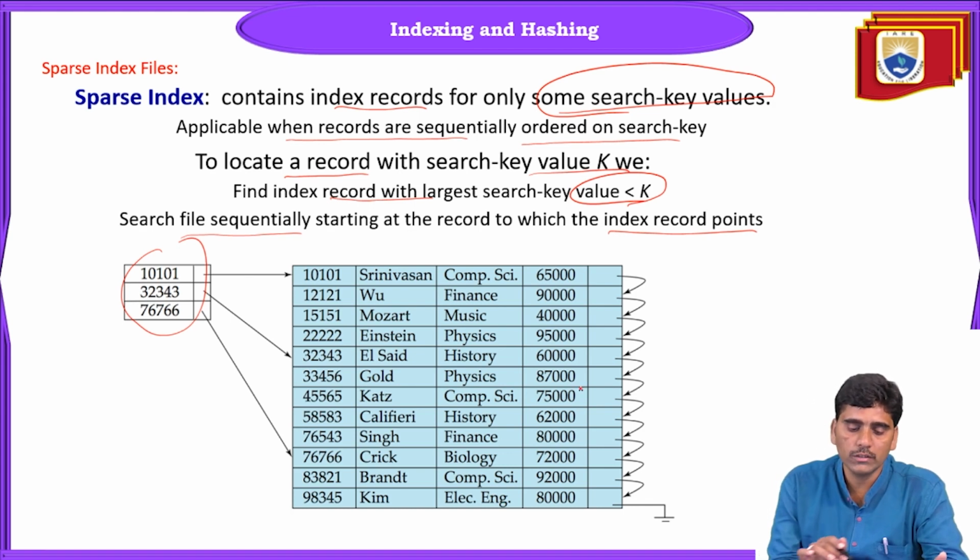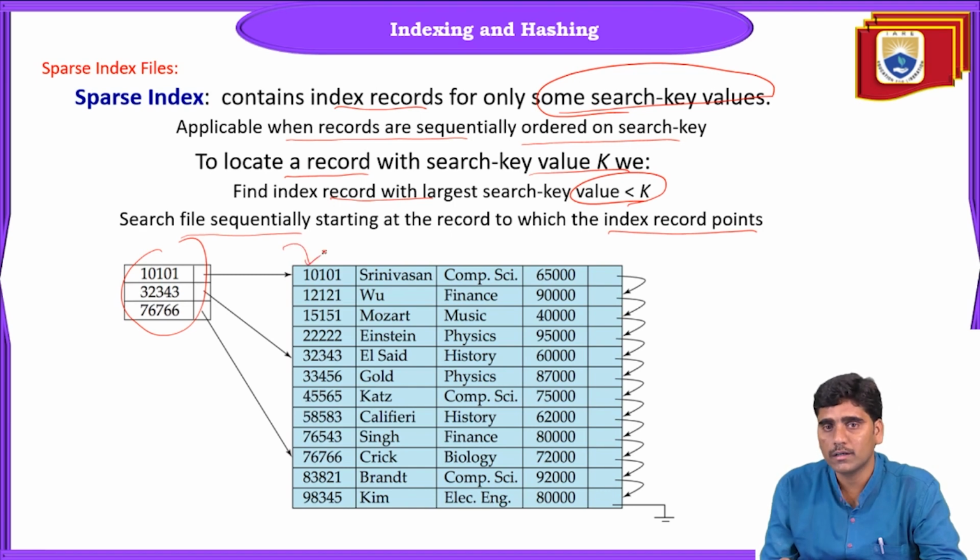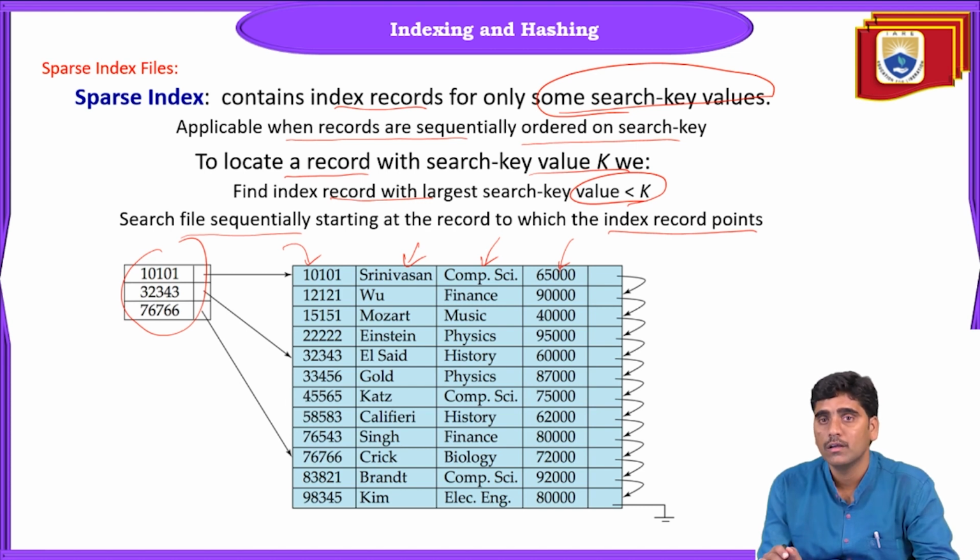So 10101 indicates what? 10101 as an instructor ID, with instructor name, instructor code, and instructor salary. That does not show all the information. It points towards the next one, and the next one, similarly, like that.